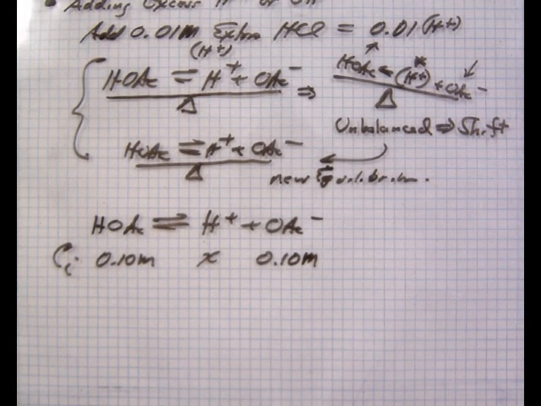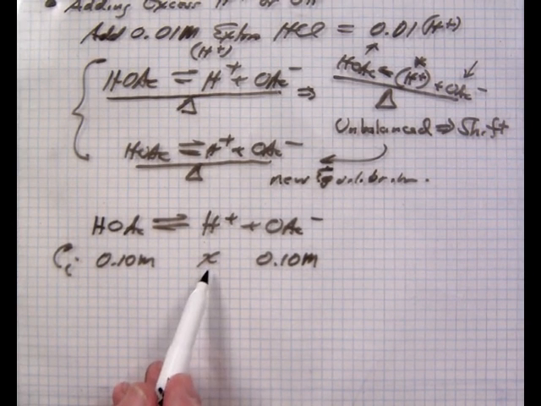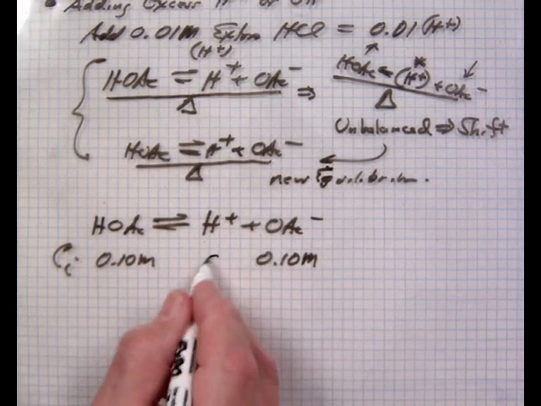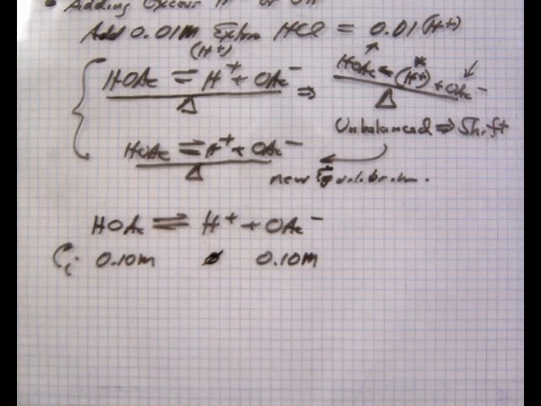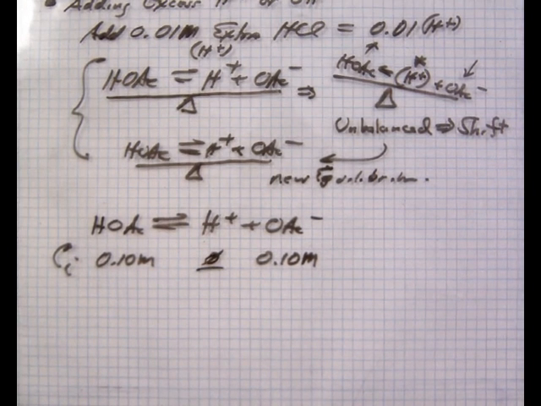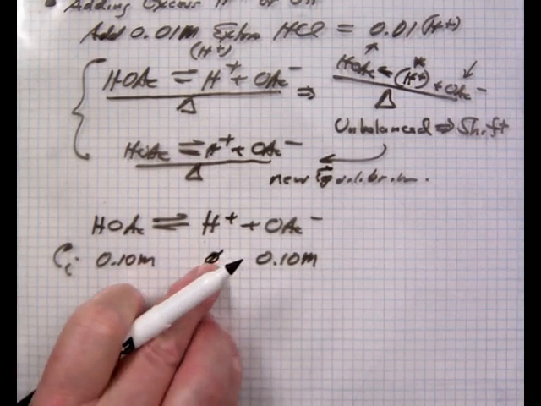Then you dump in 0.01. That's kind of as if this didn't even exist to begin with. So we just assume that that's zero before you throw in the acid or the extra base. Everybody got that? Because when you throw in that extra acid or extra base, it's going to be so much larger than what the equilibrium of your buffer would be that it is negligible, and so you can make it zero.